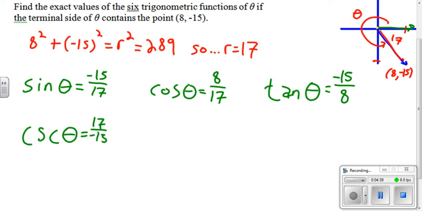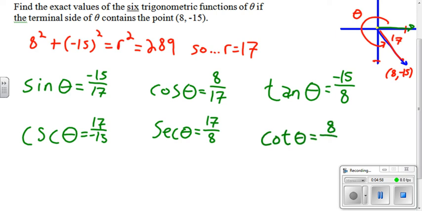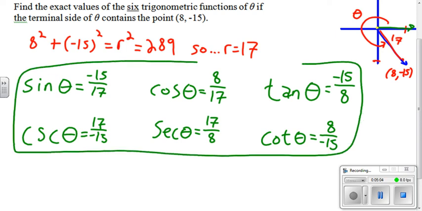Similarly, cosine, the inverse then is secant, in which case we take the reciprocal and find that it's 17 over 8. And the inverse of tangent is cotangent. So again, flip those around and we have 8 over negative 15. So here are our 6 trigonometric values, or our 6 trig functions of theta.